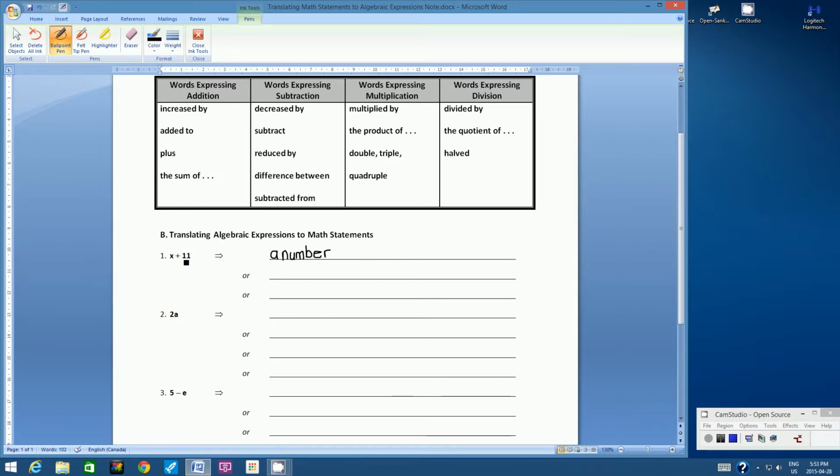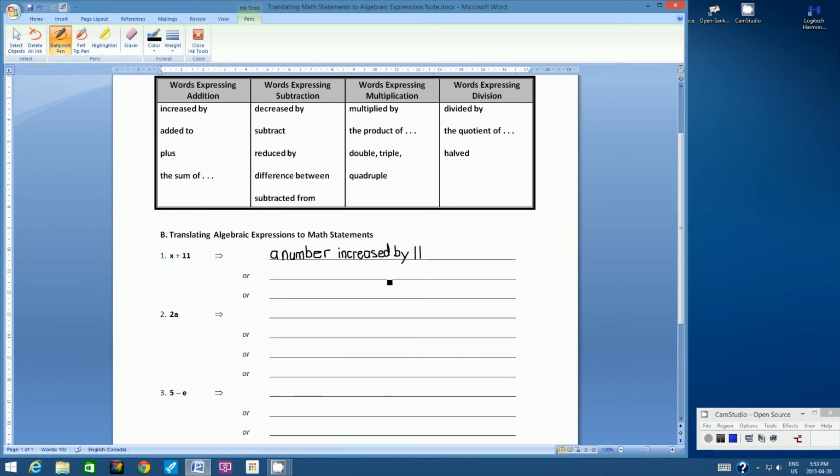Now, because it's addition, let's look in our addition column for words. So how about we use the first one? A number increased by 11. Okay, and that's exactly what this algebraic expression means. A number increased by 11.